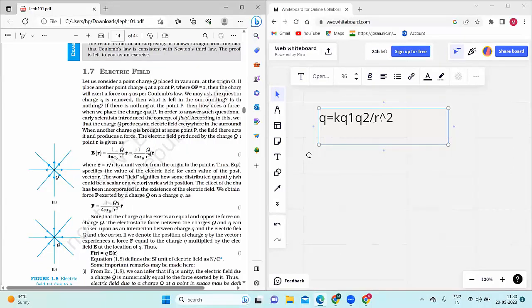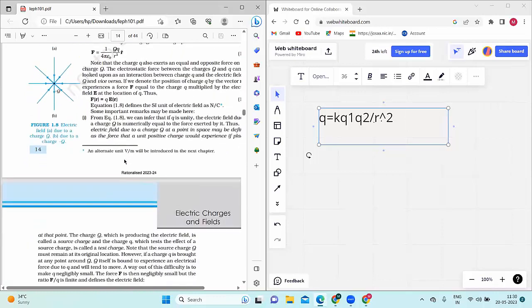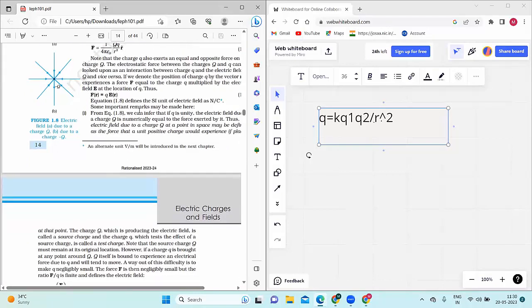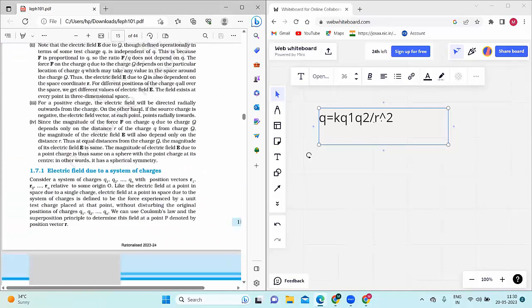So the force acting on a charge is a consequence of the field created by another charge. The electric field is Q by R square. Force equals charge into electric field, F equals Q into E.